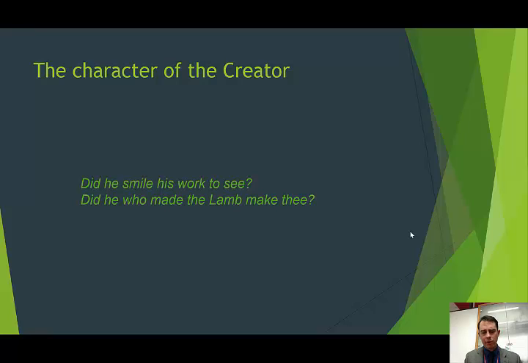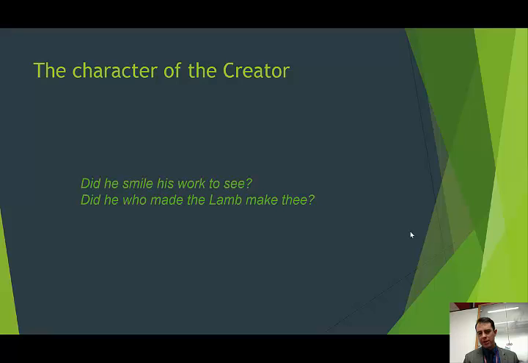And here's where it all comes to a head. This is the second last stanza. These two lines, after discussing the creation, the poet talks about the Creator's response to his creation, how he feels.